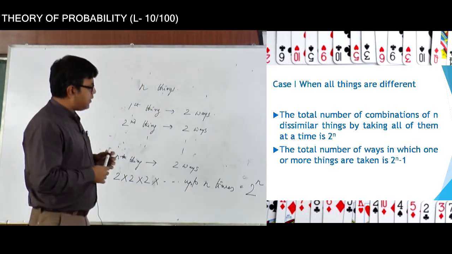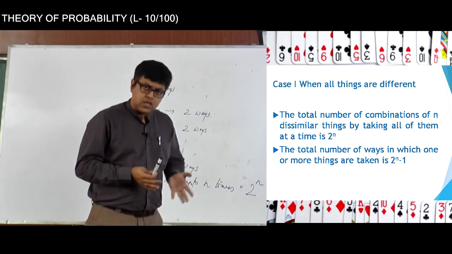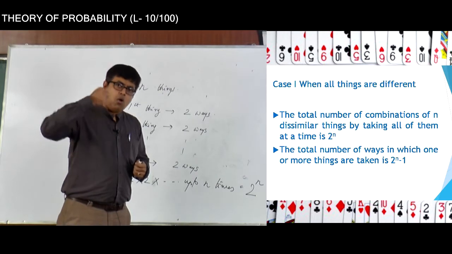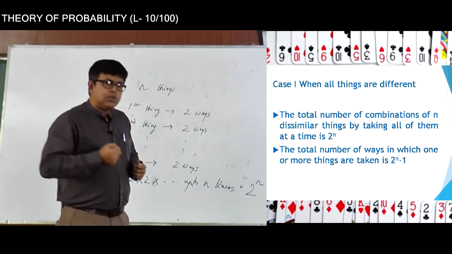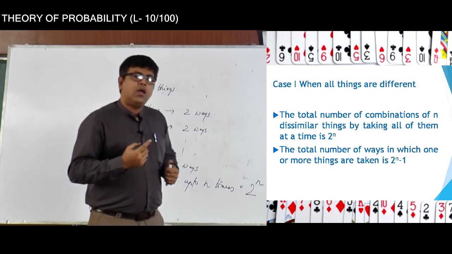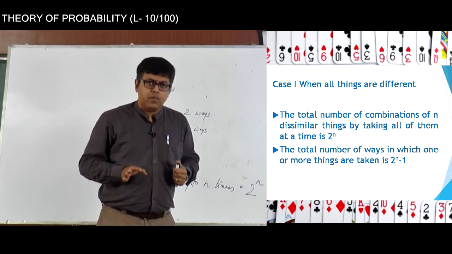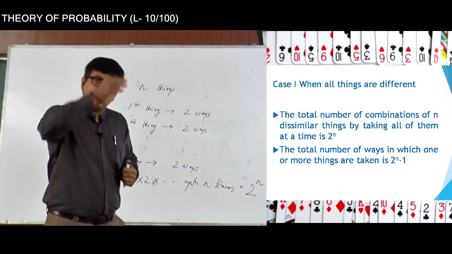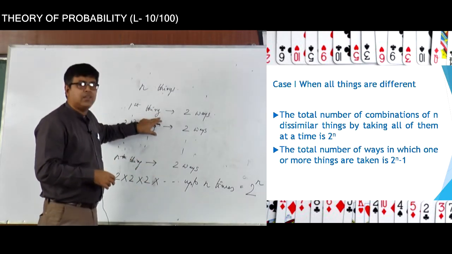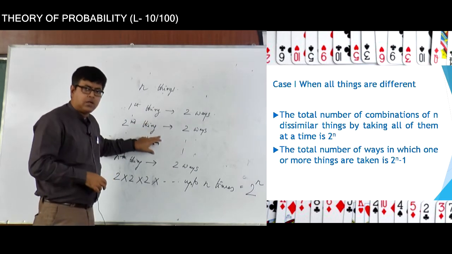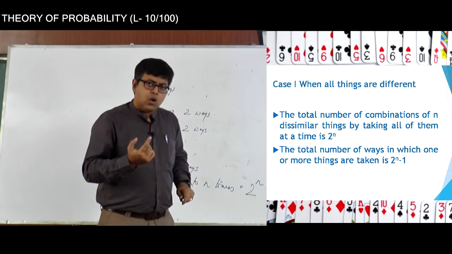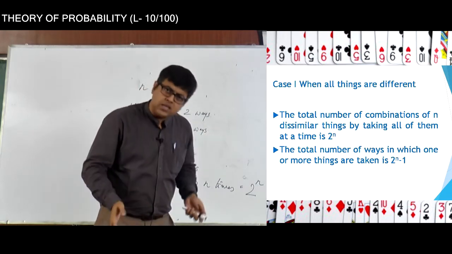Since we have obtained that 2 to the power n is the total number of ways by which we can select those n dissimilar things by taking all of them at a time, there is only one case where you are not selecting any one of them. That means you are rejecting all those n things: rejecting the first thing, the second thing, the third thing, up to the nth thing. That is the only one case where you are rejecting all the things simultaneously.